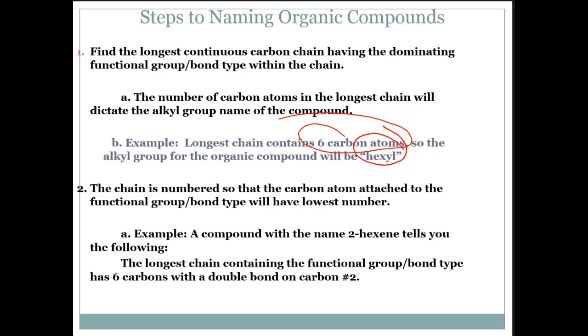The chain is numbered so that the carbon atom attached to the functional group or bond type has the lowest number. The compound with the name 2-hexene tells you that there's 6 carbons in a row, and on the second carbon there's a double bond because of the ene.